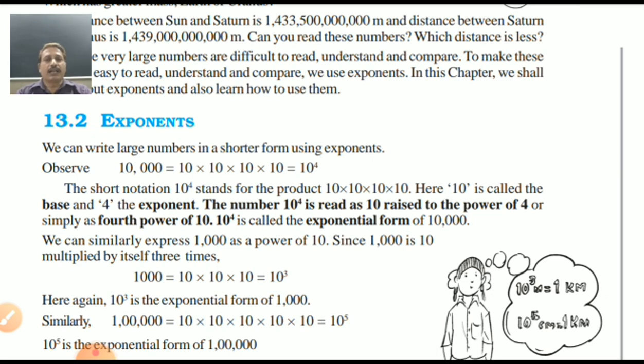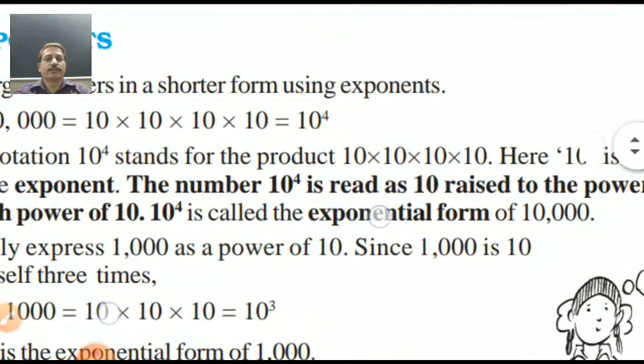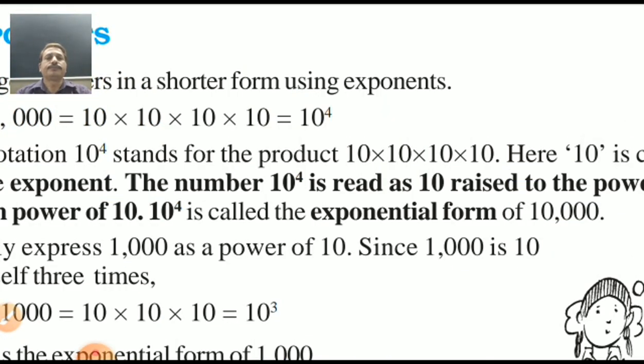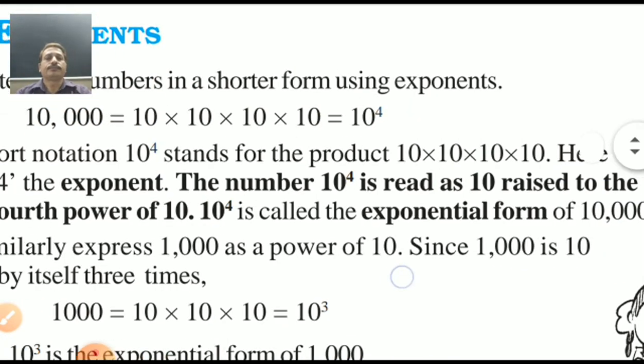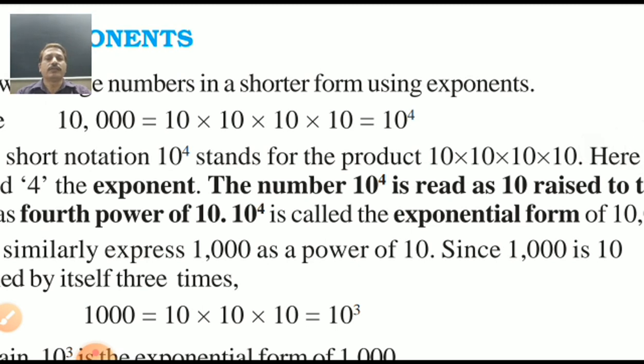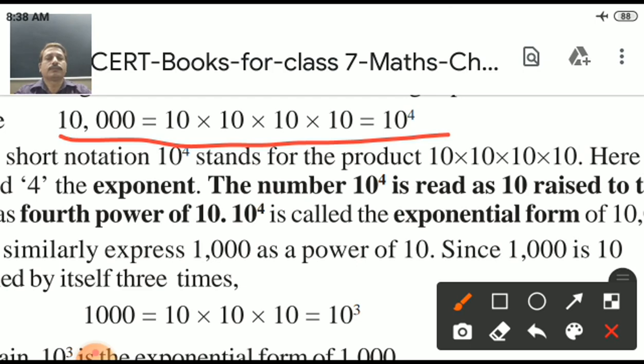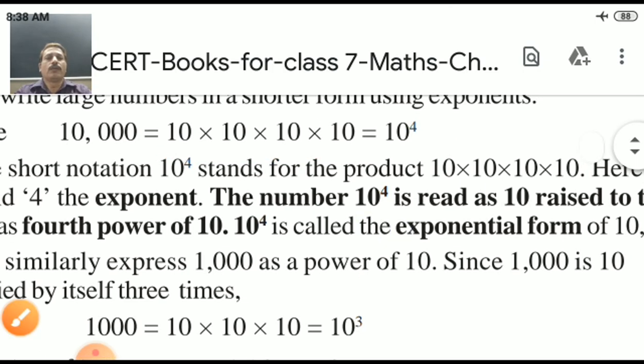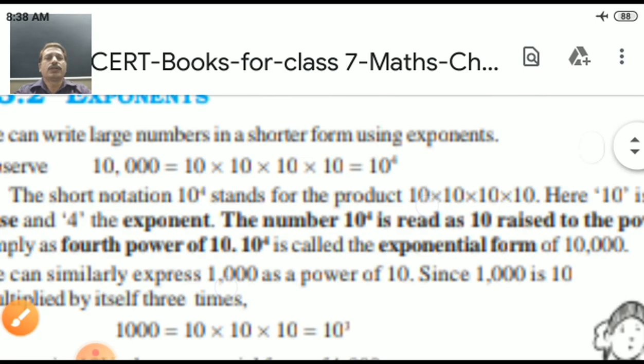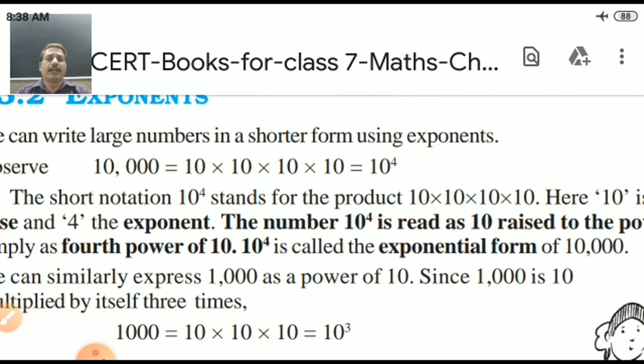In place of that, we can write 10 raised to 4. See, isn't it? Can you see this 10,000, student? Yes, this one. Now, 10 raised to 4 stands here 10,000. And here 10 is the base and 4 is the exponent. Or we can read out this one.